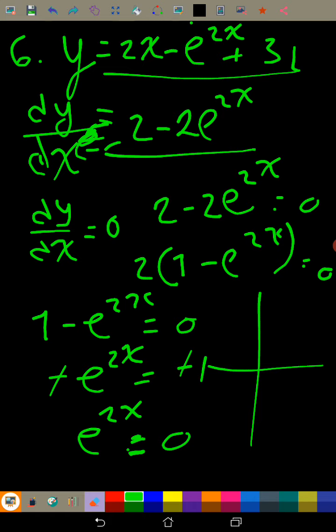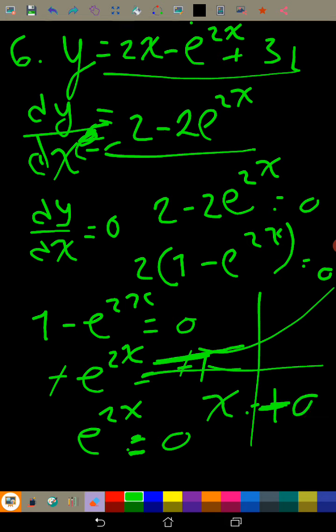so let's have a look at this thing. This is never going to be 0. It's an asymptote here. So what to do here? X is going to be like a negative infinity.